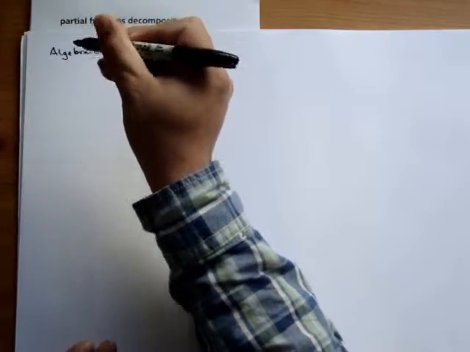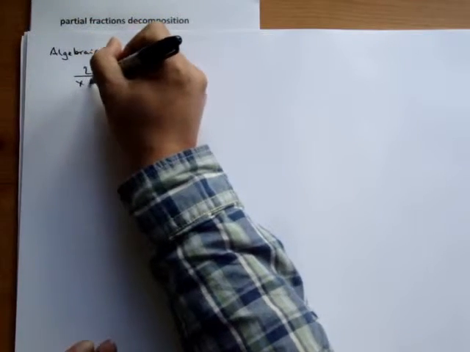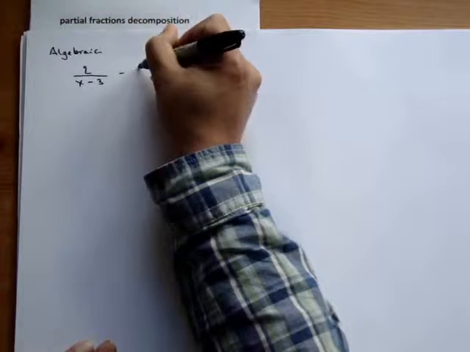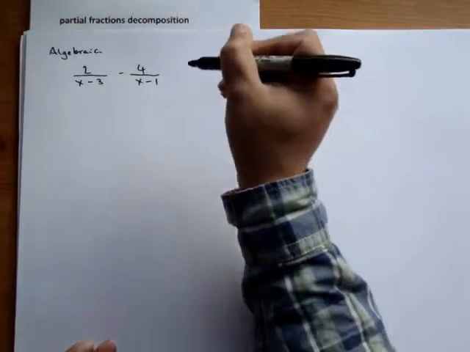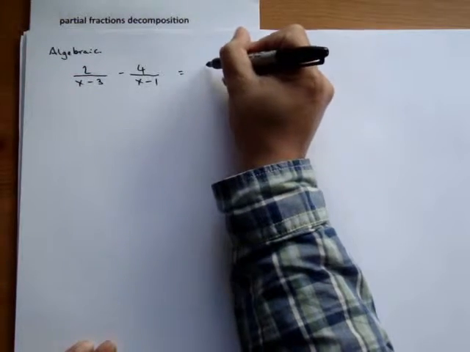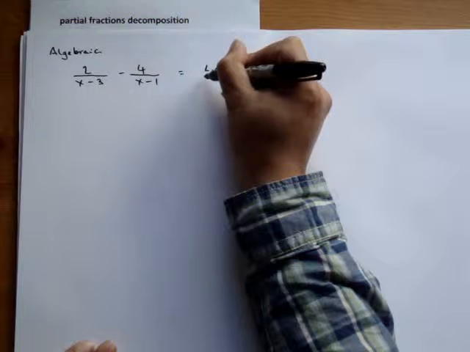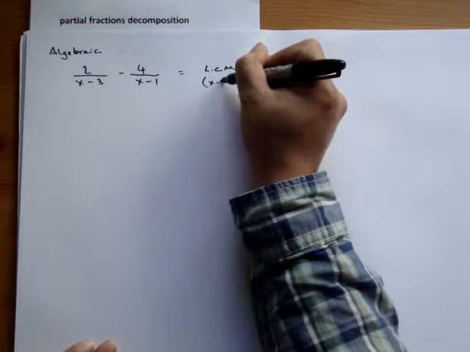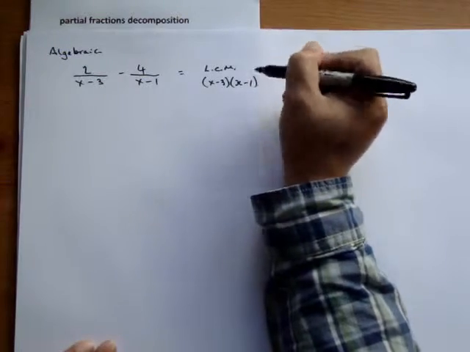So if we have 2 over x minus 3 minus 4 over x minus 1, we find the lowest common multiple, and in this case the lowest common multiple is (x minus 3)(x minus 1).